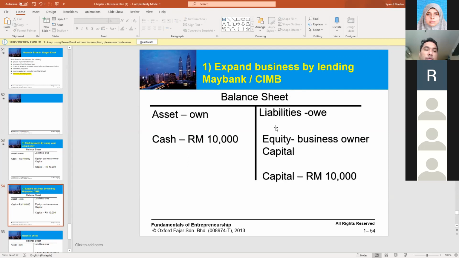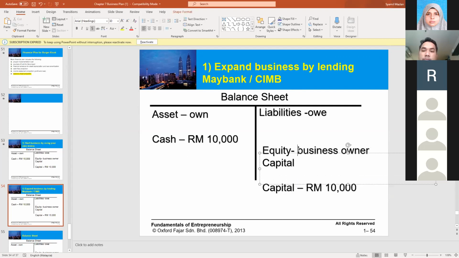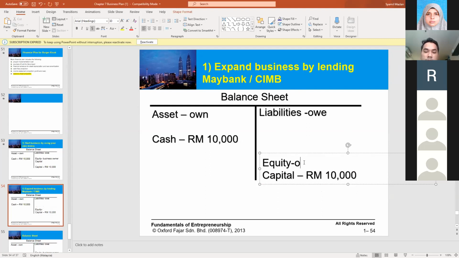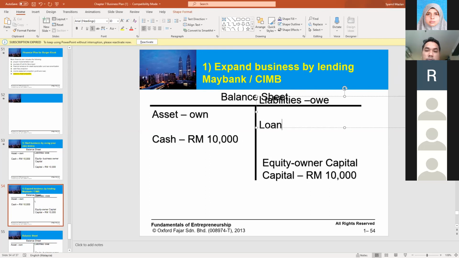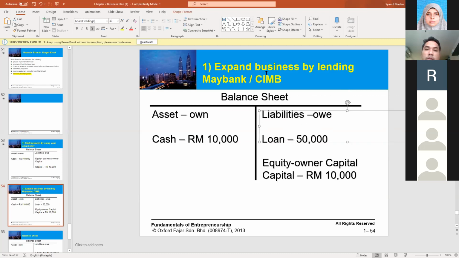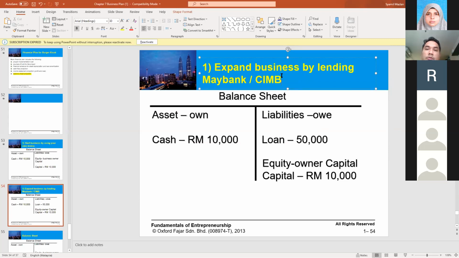So your liability increases. For example, you want to take a loan from a bank of 50,000. What is the type of expense that you want to do? You want to buy equipment.